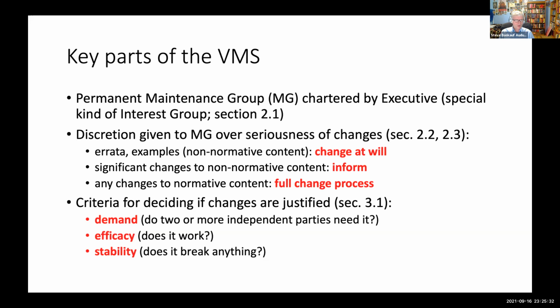The efficacy requirement means that the person proposing the change needs to demonstrate that it'll actually work, that it'll accomplish the purpose for which it was proposed. And then the 3rd criteria is stability. If it's likely that the change will break existing things, then it has to be looked at more carefully. Either change the existing practice or make the proposed change fit in with existing practices.